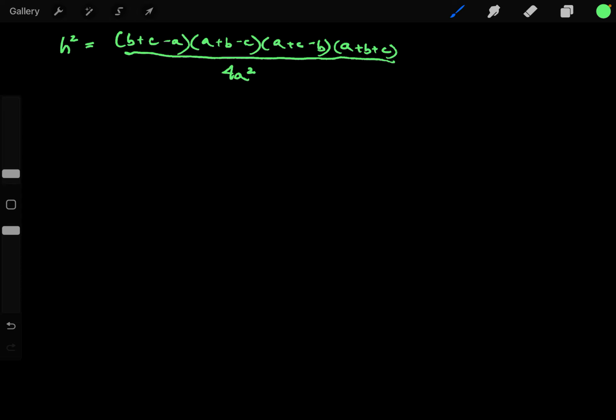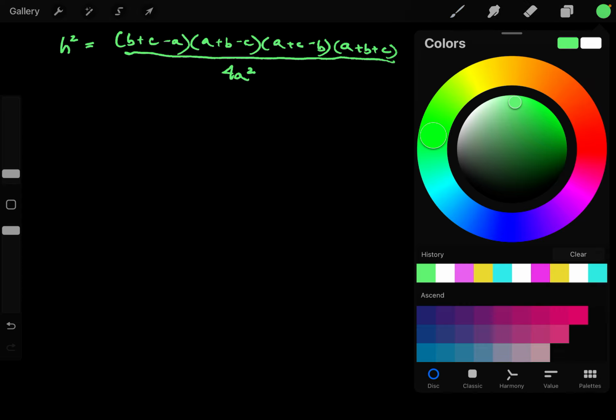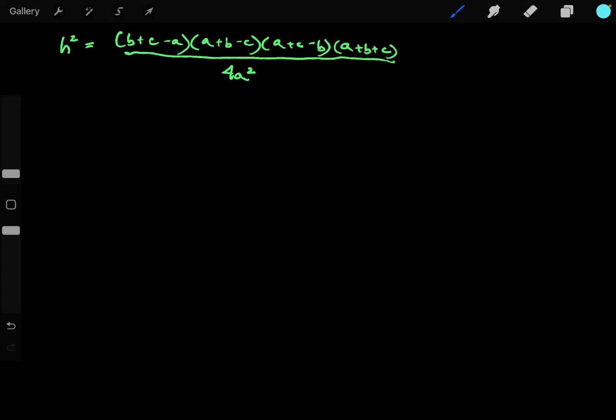Now, we got to introduce another term. It's just a nice way to simplify how everything looks. We're going to call s the semi-perimeter of the triangle, and it's just the perimeter of the triangle divided by 2. So the semi-perimeter is a plus b plus c divided by 2. And that helps us simplify.